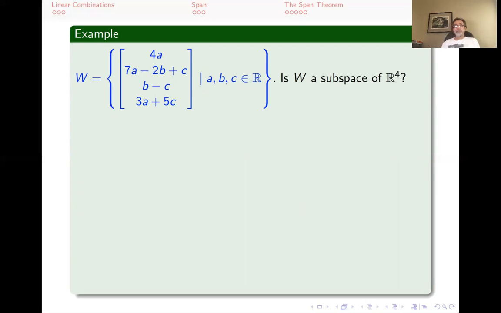These are a bunch of elements in W. Do they form a subspace of R4? This seems a little bit off from our current discussion, but it's related, as you should see in a second. To answer this question, I have so far two methods. I could just go say, being a subspace, being a vector space, just go check every axiom of a vector space.